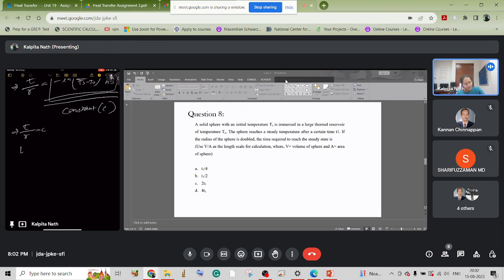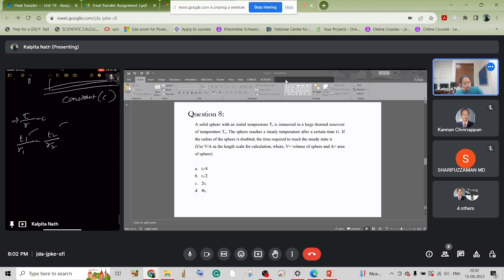Now for the first case we can take it as t1 by R1 is equal to t2 by R2. This is for the first case, this is for the second case. As this is constant, we can equate both of them, and we need to find t2, and R2 is equal to twice of R1, right?